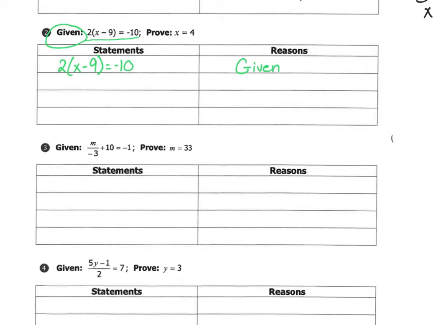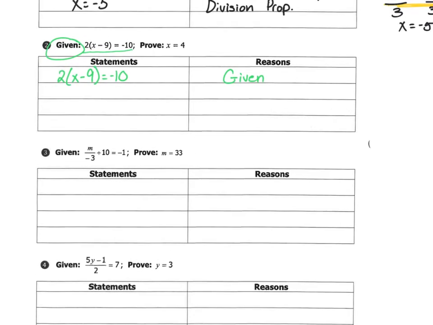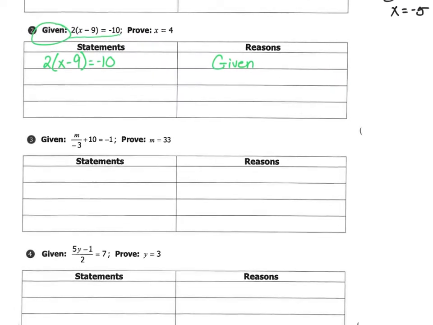So now let's rewrite our equation over here. First step would be to do what? Distribute. Good. So you're going to distribute the 2.